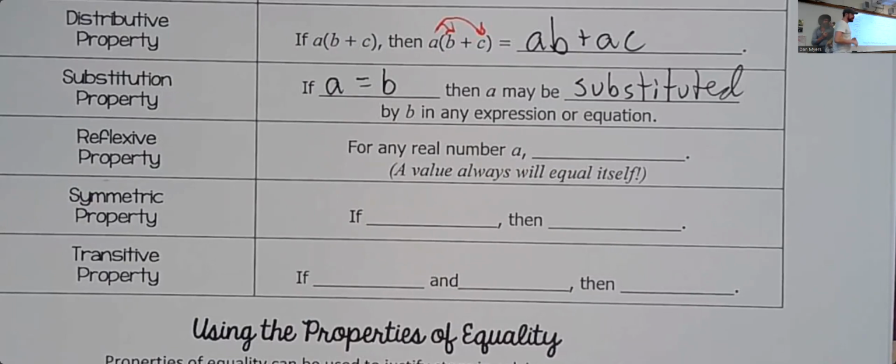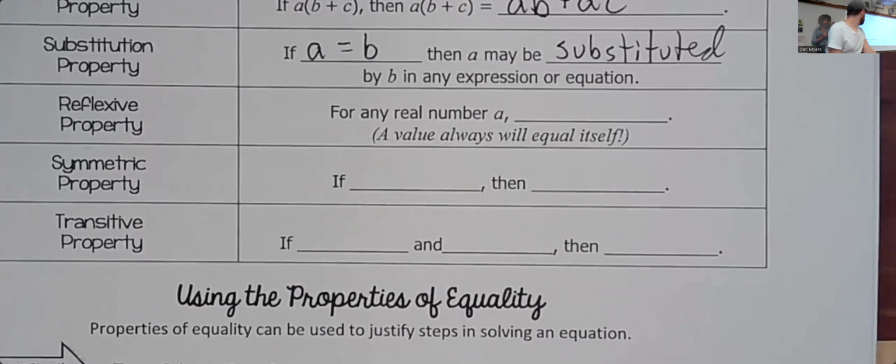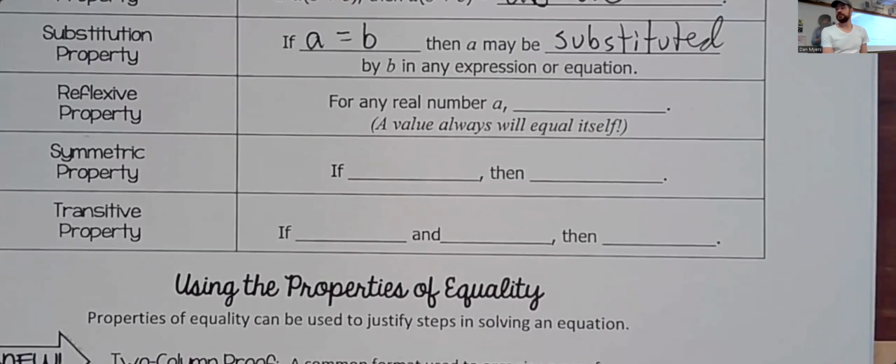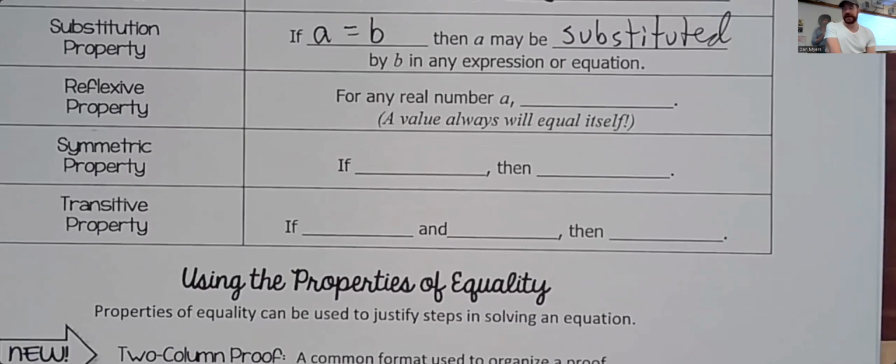Okay, the reflexive property says for any real number A, for your purposes here, any number, there are other things other than real numbers. If you take Algebra 2, you'll learn about it then. But for this year, every number that we work with is a real number. For any real number A, here's maybe the most obvious statement you've ever seen.